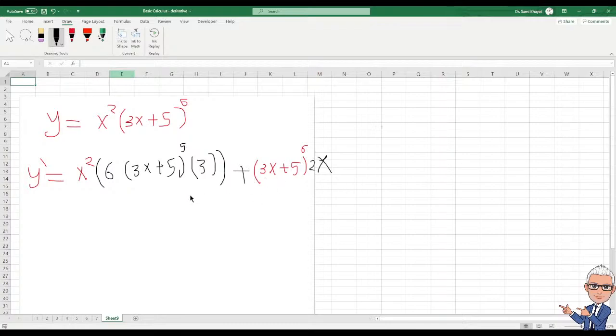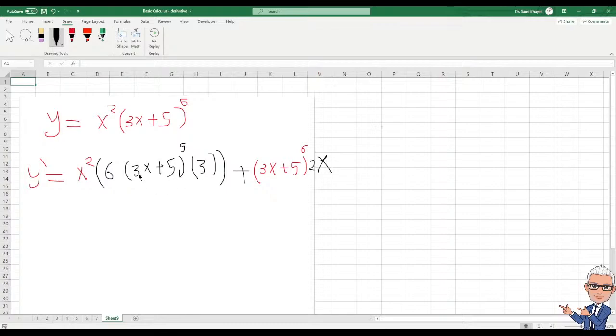You make this one ahead, or this one, like in the formula. He said this is first and this is second, the same. I prefer the first one times the derivative of the second one, plus the second one times the derivative of the first one. Or if you want the opposite, the derivative of the first one times the second one, plus the first one times the derivative of the second one. Same. After that, you simplify it.